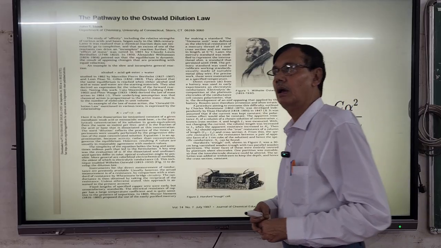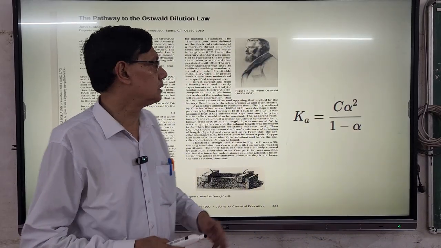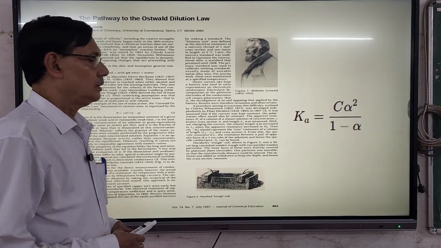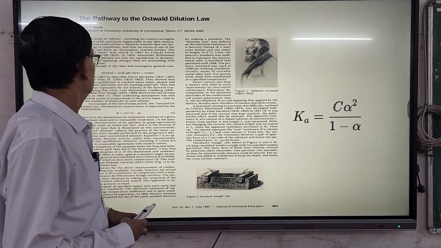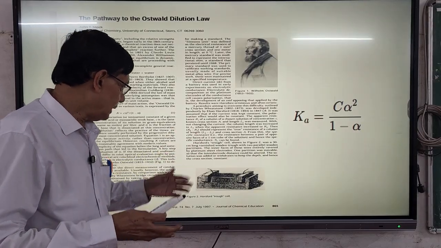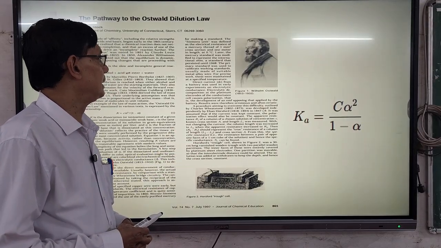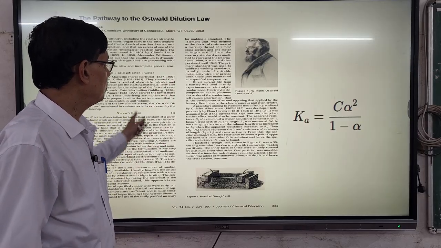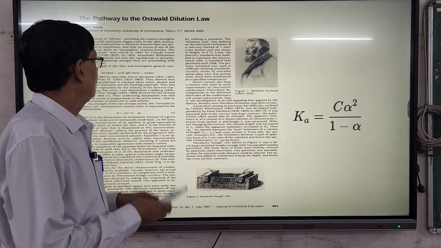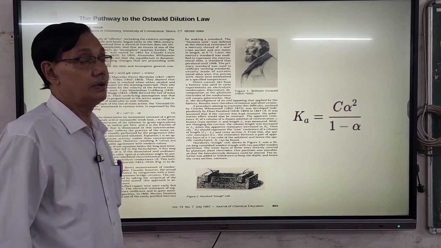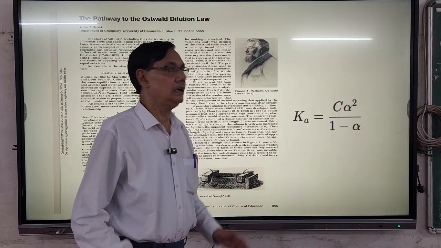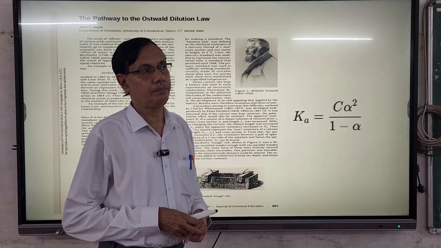Before I go into details of this topic, I must tell you the importance of this Ostwald dilution law. It was discovered by the great scientist Ostwald, and there are a large number of very good articles available in the literature, and I am taking one such article, related to dilution effects. But you should keep in mind that it is related to weak electrolytes.